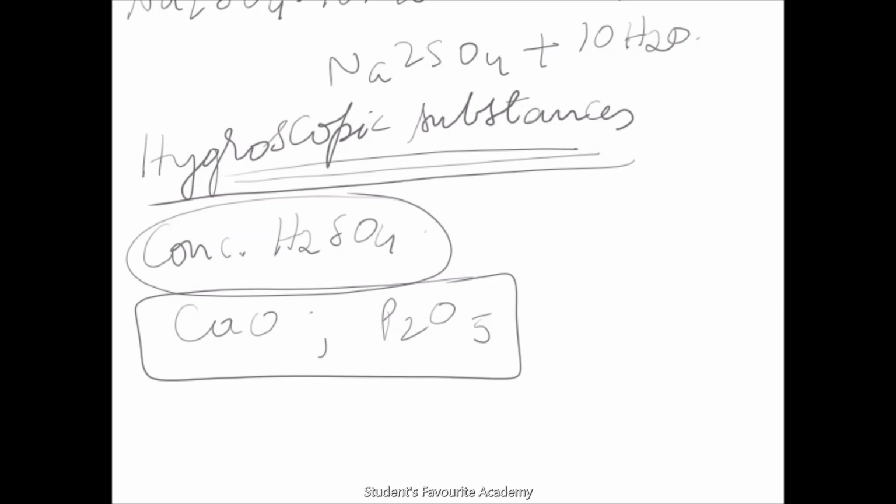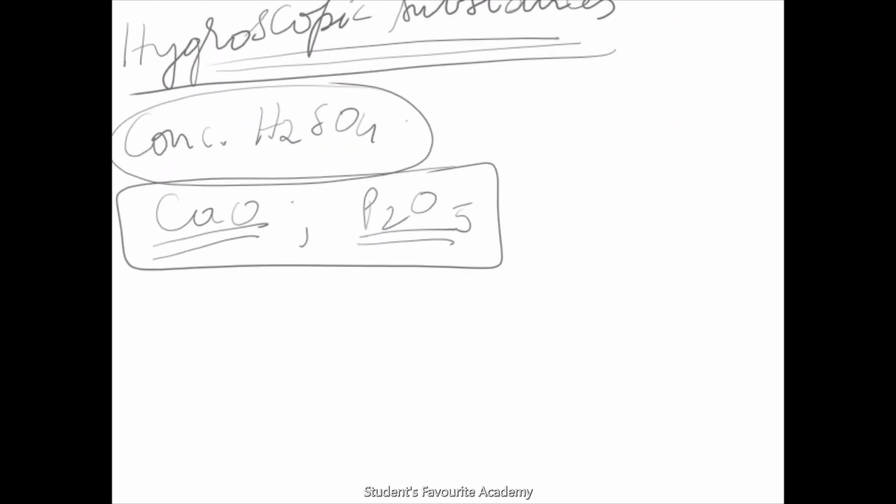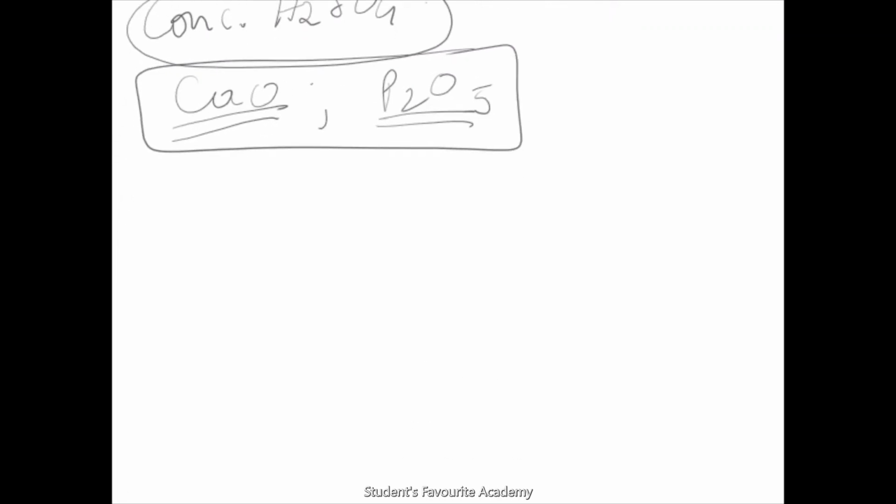Why? Because hydrogen chloride gas reacts with them. But these two are also hygroscopic substances. They also have the property of absorbing the moisture. Okay. So, these substances which have the property of absorbing moisture are called hygroscopic substances. Okay. Is that clear?